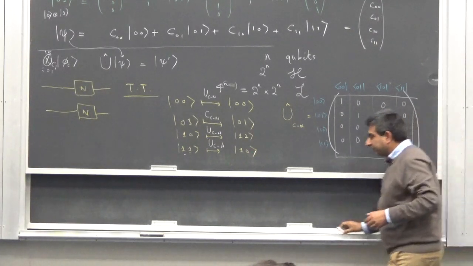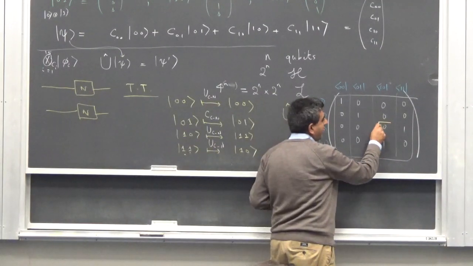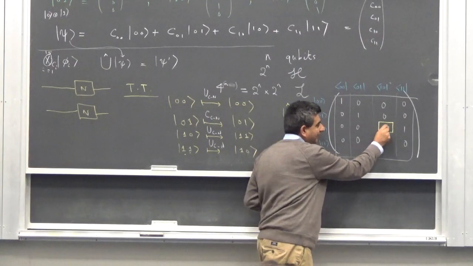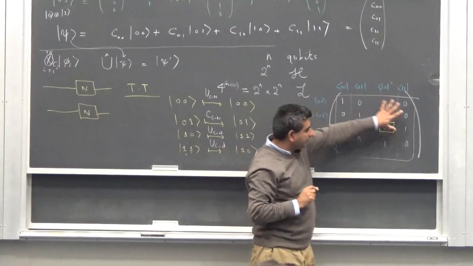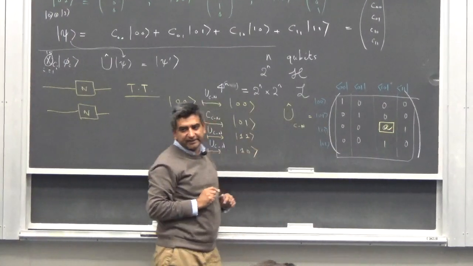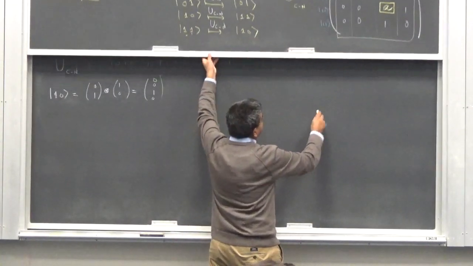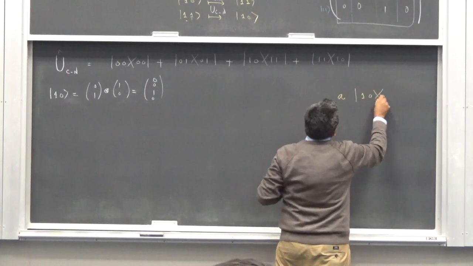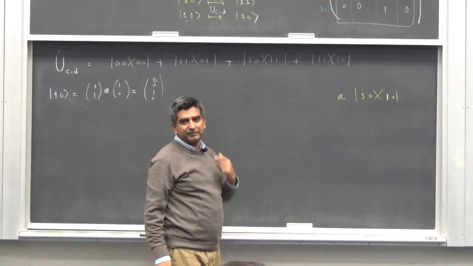So if I look at any element here, and suppose this were A and everything else were 0 inside this matrix, then this matrix would be A ket 1 0 bra 1 0. That's what I'm trying to write here.